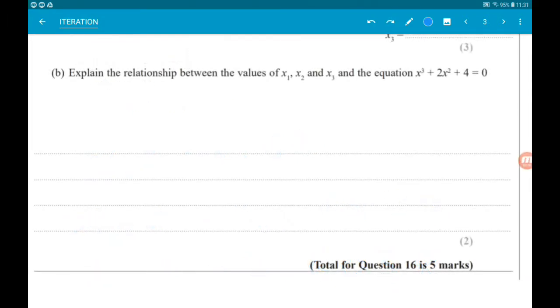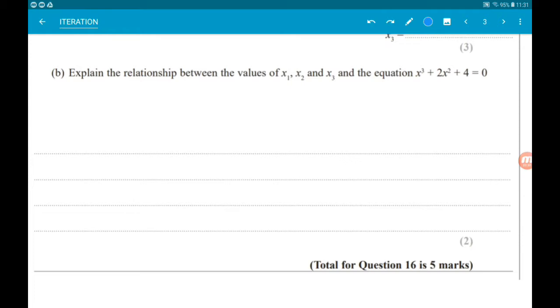Okay, then for part B, we want to explain the relationship between the values of x1, x2 and x3 and the equation x cubed add 2x squared add 4 is equal to 0. So remember that I mentioned in the previous video, iteration is a method to solve horrible equations. Now, to turn an equation into an iterative formula, we try and get an x on its own.